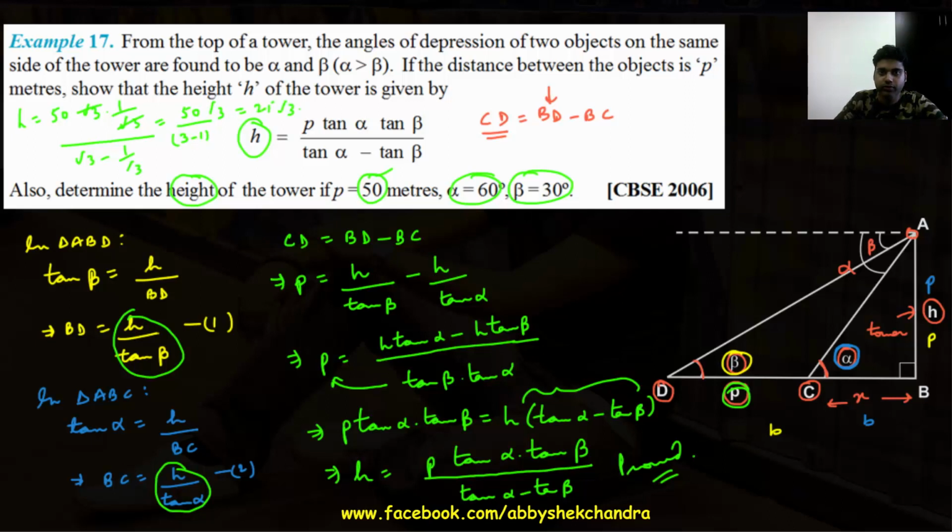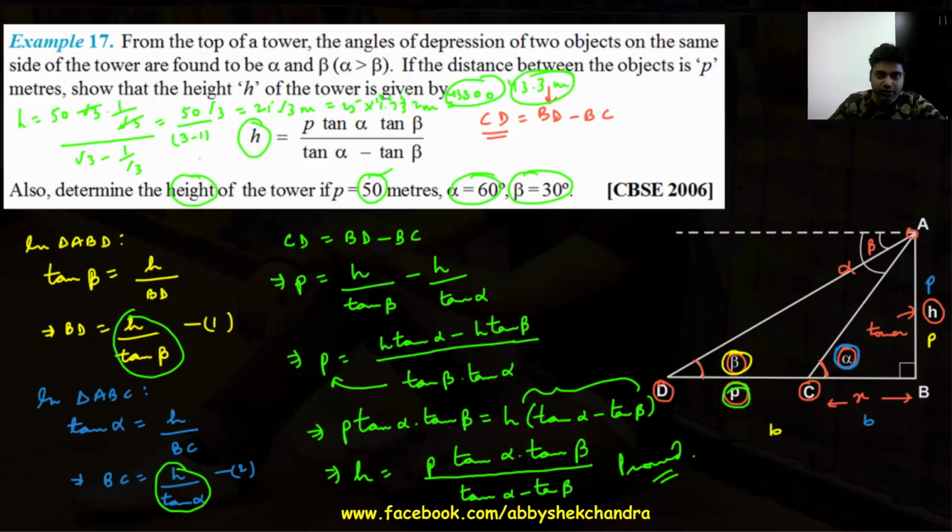So the answer will be 25 root 3 meters, or you can just calculate it in decimals if you want the value. So it'll be 43.3 meters, right?